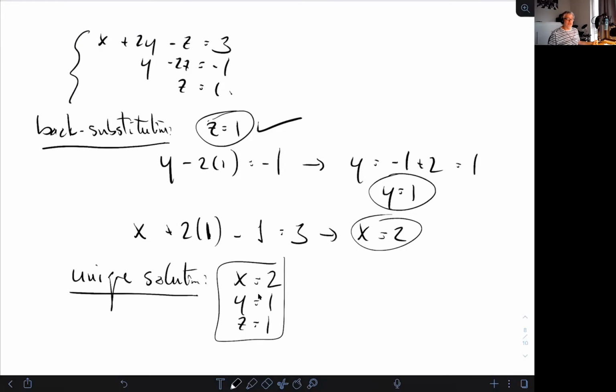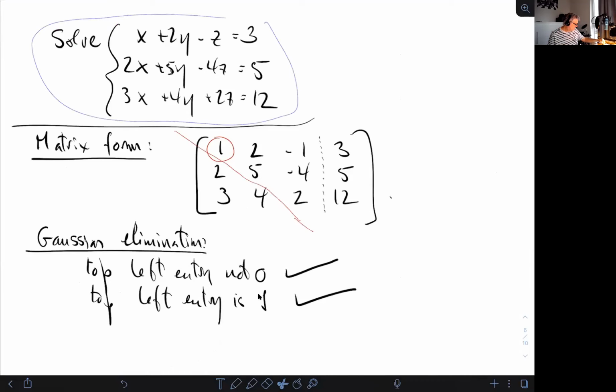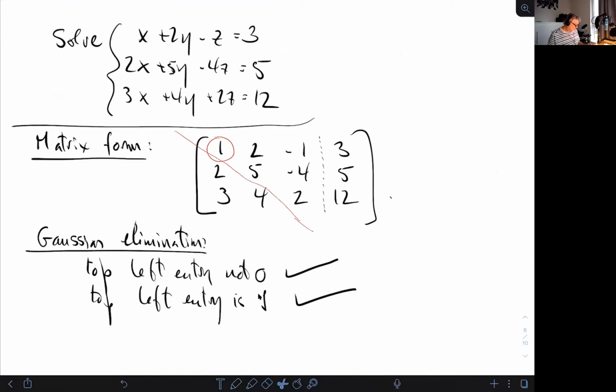Let's do that. I'm just going to go back up and copy that. So I found 2, 1, 1. Let's check. 2 plus 2 minus 1 is 3.